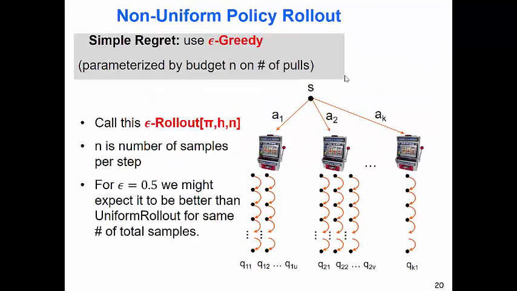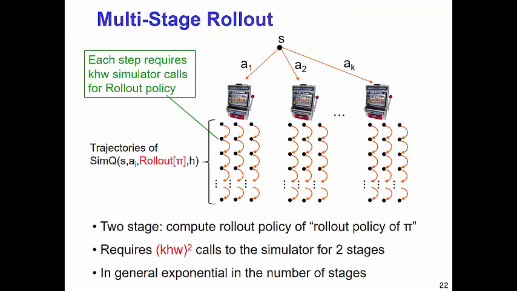And of course, you can use other bandit algorithms. We talked about that. This was a non-uniform bandit algorithm. And then you could do multi-stage. That's where we ended up. What we saw was that if you're doing multi-stage, that means you're doing policy rollout on the policy rollout policy.